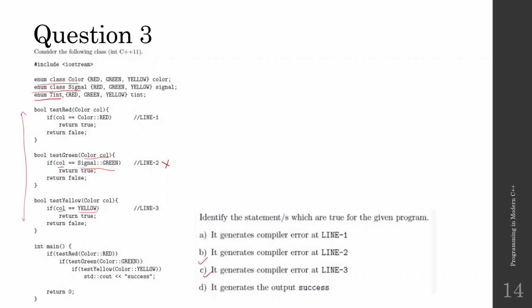Because of this enum tint. The enum tint is an old kind of enum, and it has the enumerations red, green and yellow. So these literals, red, green and yellow, will be available in the global namespace. The old kind of enums are implicitly converted to integers, right? So this yellow will be replaced with an integer here.